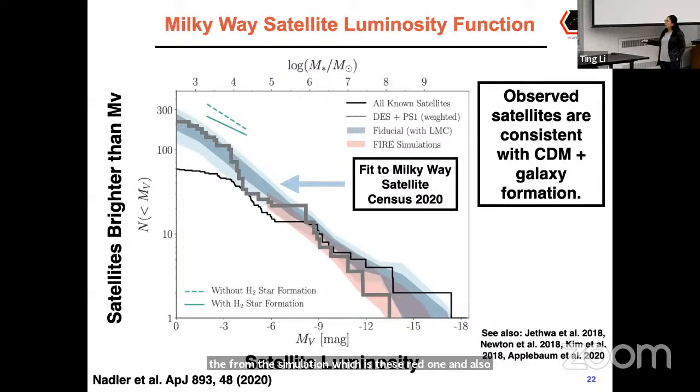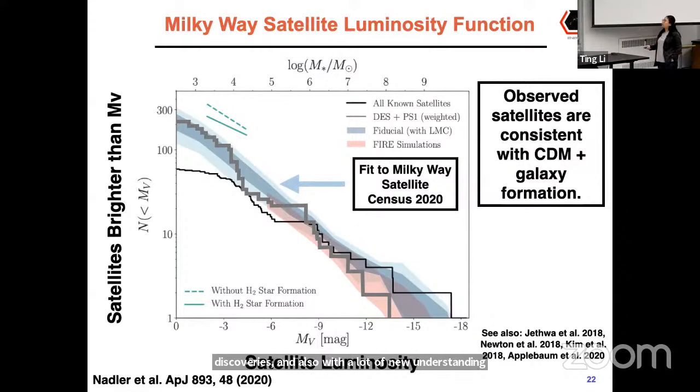That's what the simulation tells us. And then the gray lines here are from observation. So actually right now, we think the observed satellite galaxies, with some observational bias correction, match the CDM model very well. So there's actually no crisis, with all these discoveries and also a lot of new understanding of our simulations.